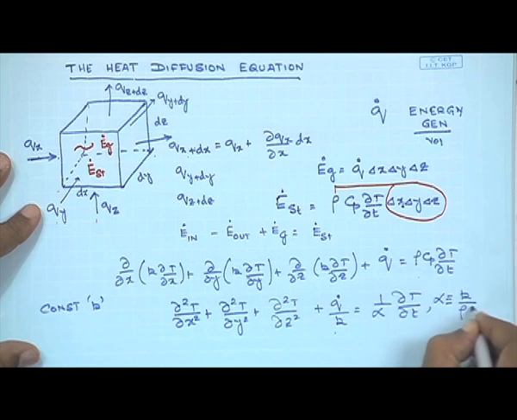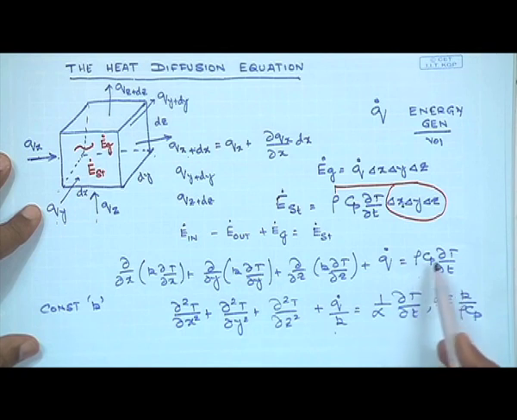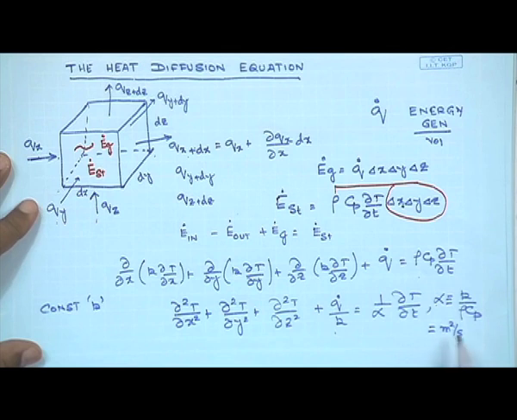k by rho Cp. So there is a reason why alpha is expressed here instead of rho Cp by k. I simply write 1 by alpha because alpha has units of meter square per second. So alpha is called the thermal diffusivity of the system.